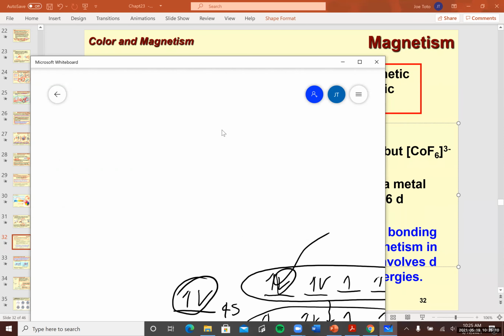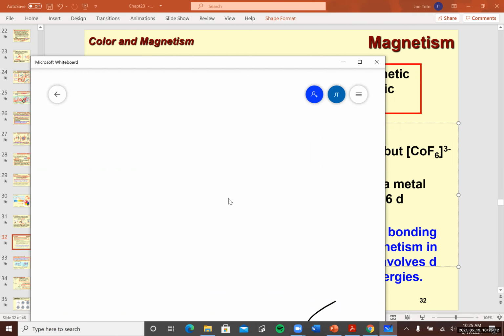Remember back in Chem 200, you did orbital energy diagrams. So the energy was like this, and you had your 1s, 2s, and then the 2p, and so forth.